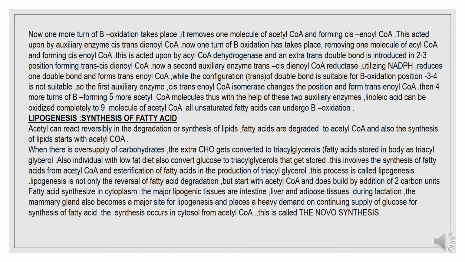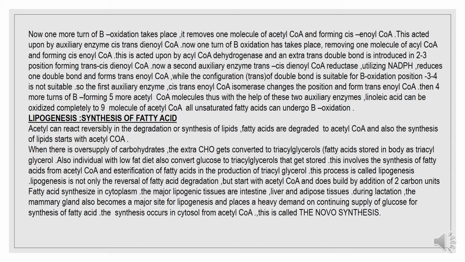It removes one molecule of acetyl CoA and forms cis enoyl CoA. This is acted upon by acyl CoA dehydrogenase and an extra trans double bond is introduced in the 2 to 3 position, forming trans cis dienoyl CoA.